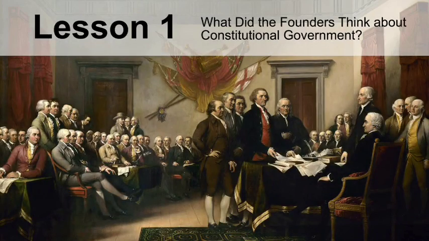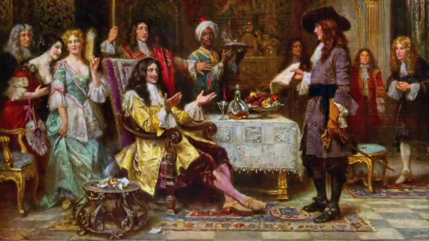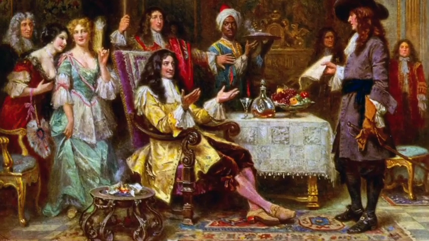The first lesson in Unit 1 addresses the question, what did the founders think about constitutional government? For almost 2 centuries, what we now call the United States consisted of several colonies. What were the similarities and differences among those colonies? Well, we'll start with the similarities. All of the colonies created by the Crown were organized according to charters or contracts between the Crown and the person holding the charter.